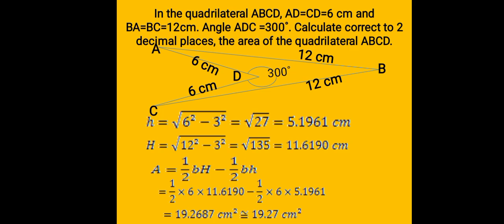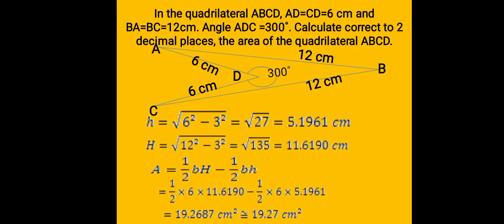Now, since those triangles are similar, it means that angle ADC and angle ABC are equal. Now look at it this way.